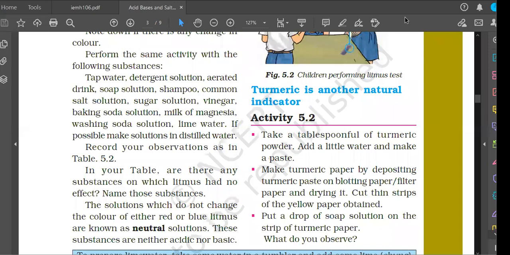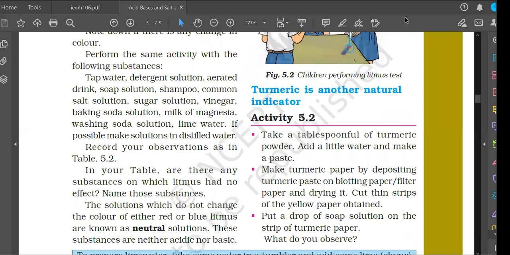Manita, I was just explaining the indicators. I was saying about litmus paper. Red litmus paper will change to blue when dipped in base. Blue litmus paper will change into red when dipped in acid.